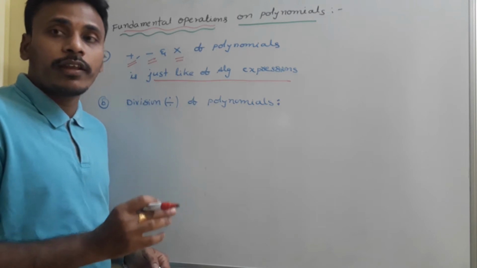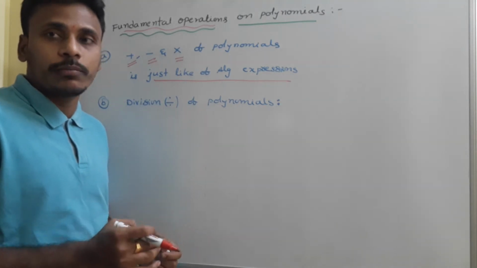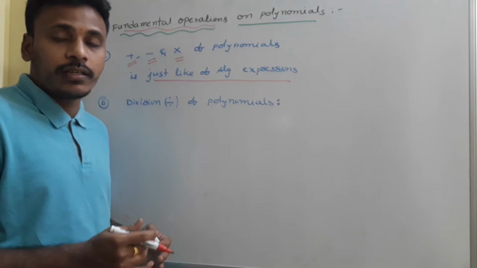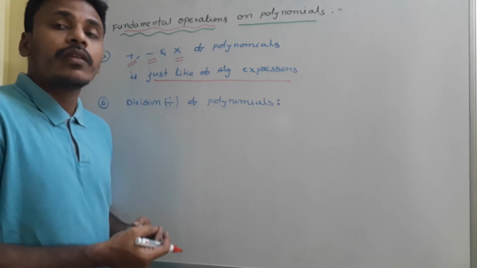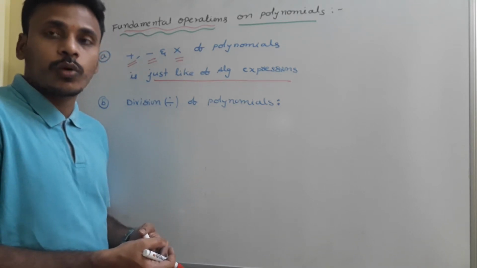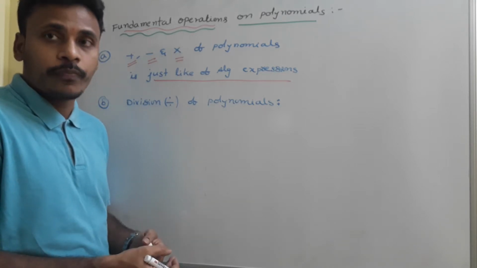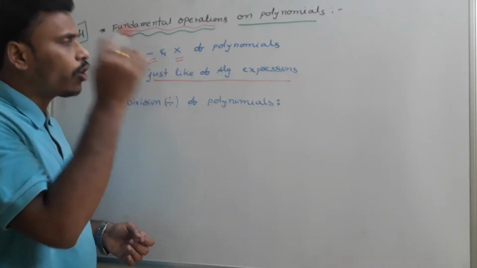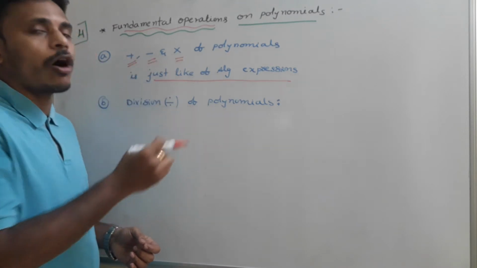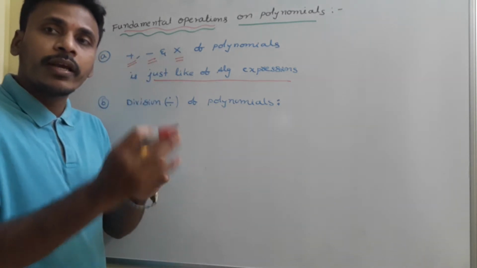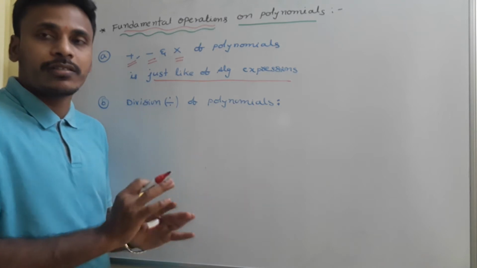I think you are very familiar with adding, subtracting, and multiplying algebraic expressions. Since you are all clear with those things, I am not discussing them here. So just recall that the fundamental operations on algebraic expressions work the same way in polynomials, that's it.